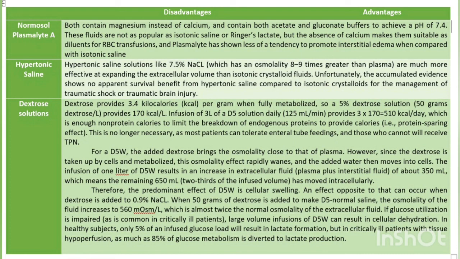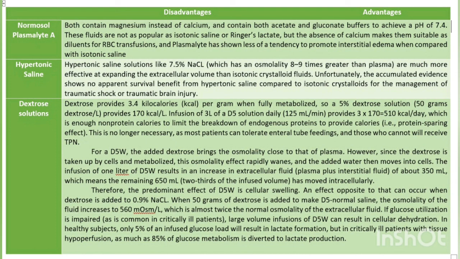When 50 grams of dextrose is added to make D5 normal saline, the osmolality of the fluid increases to 560 milliosmol per liter, which is almost twice the normal osmolality of the extracellular fluid. If glucose utilization is impaired, as is commonly seen in critically ill patients, large volume infusion of DNS can result in cellular dehydration.